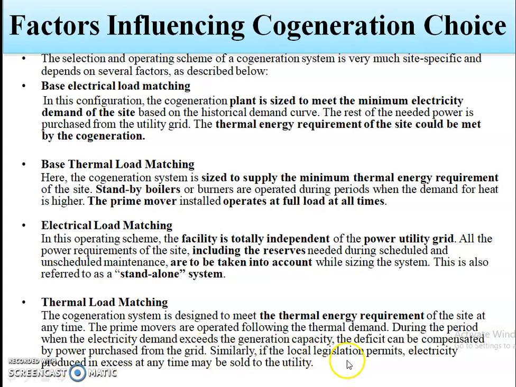Similarly, if local legislation permits, electricity produced in excess at any time may be sold to the utility. These are all very important factors for load matching of the electrical load and the thermal load in the cogeneration unit.